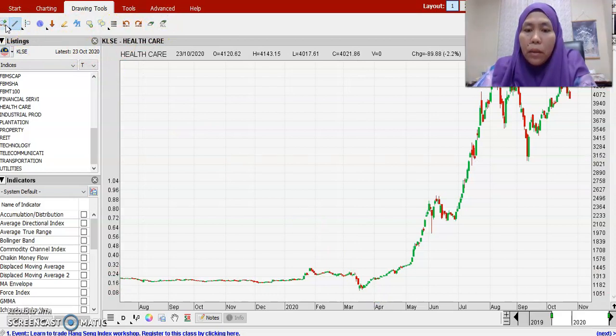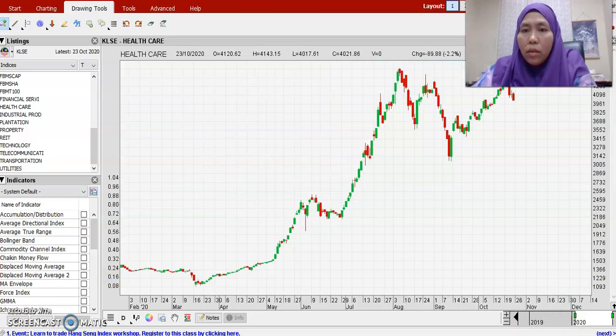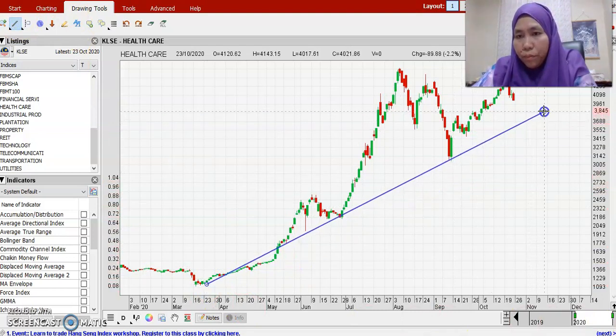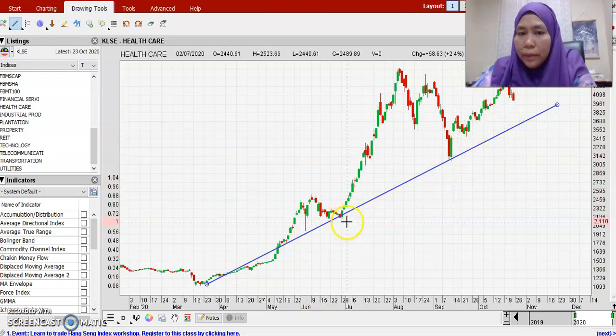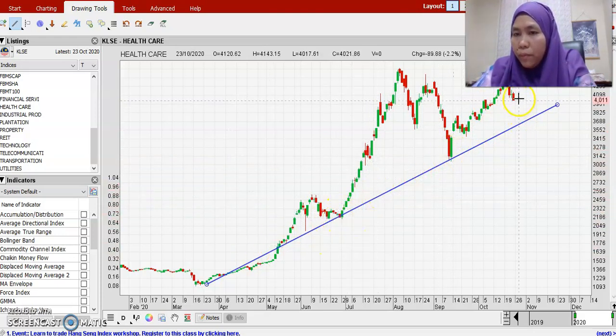in mid March 2020. If I draw the line, I can see that it's still an uptrend, because the lowest price is still higher than the previous one, and even here it is still higher than this one.